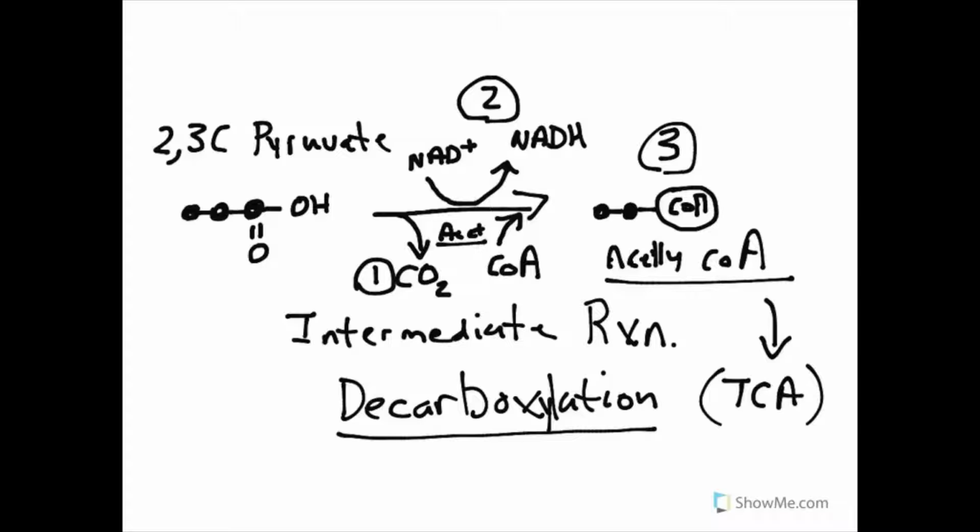Now, this is what goes into the citric acid cycle. The big reason for this is that pyruvate cannot do this because the enzymes that we talk about cannot accept it. Now, I will go in and discuss the enzymes, and we'll put them into here.